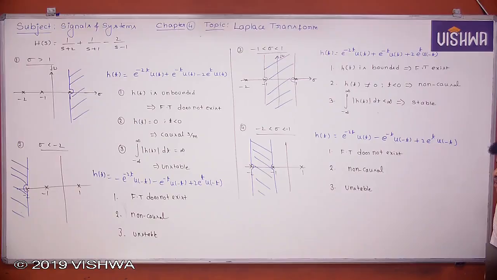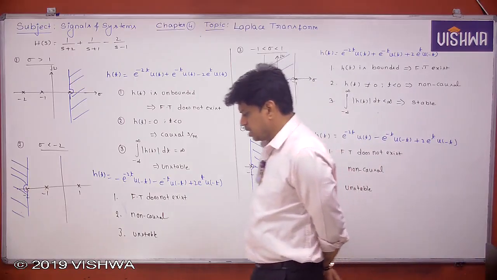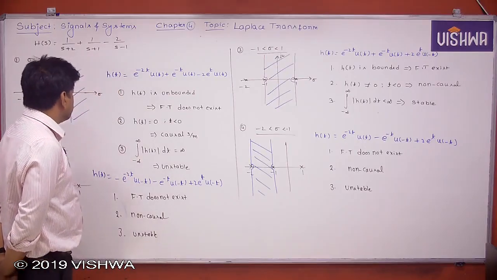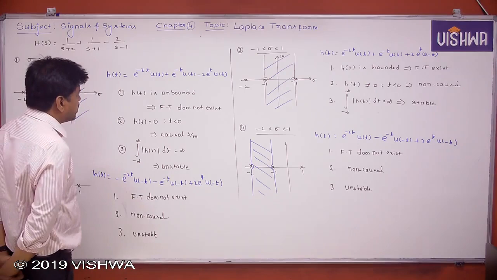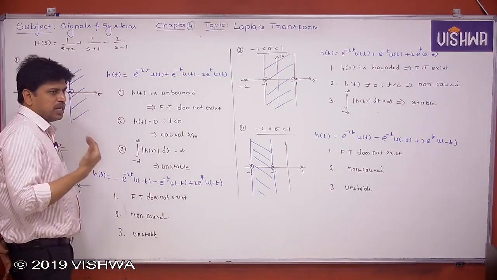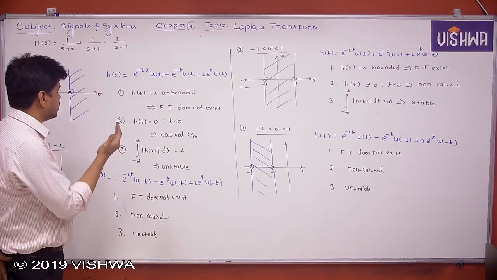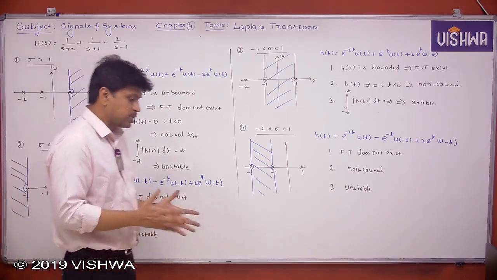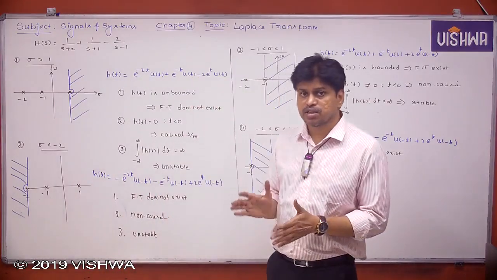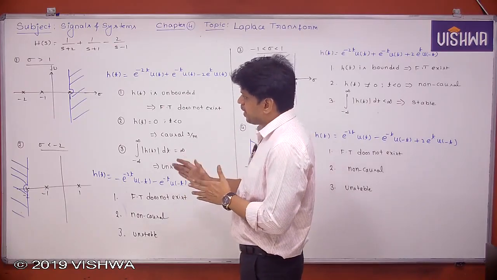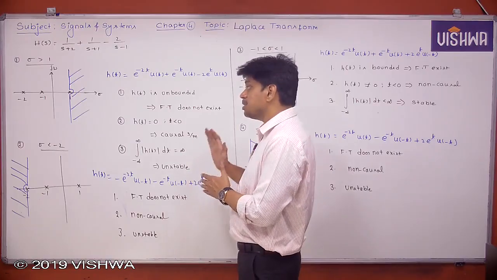Clear? Take the condition on ROC. To say it is a causal system, h of t should not exist for negative values of time. If it exists only for positive values of time, every term must be a right-sided signal. So to get everything right-sided, what is the condition? For every pole, the ROC must be right-sided.